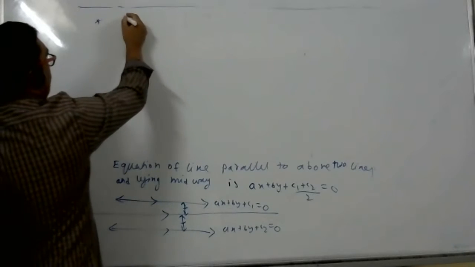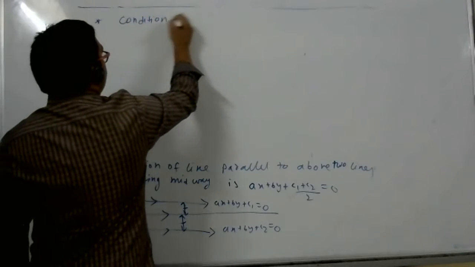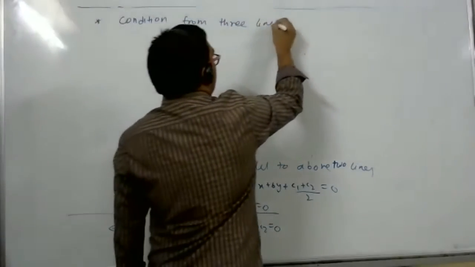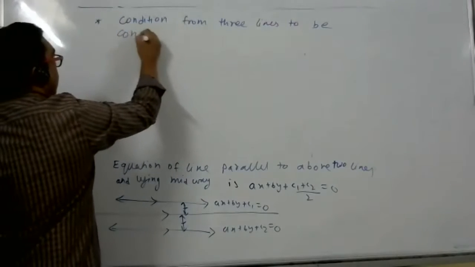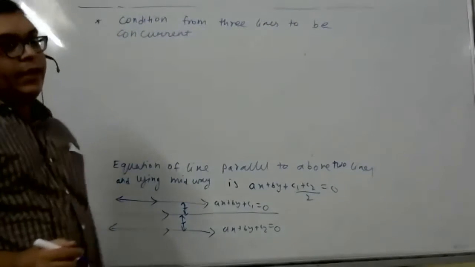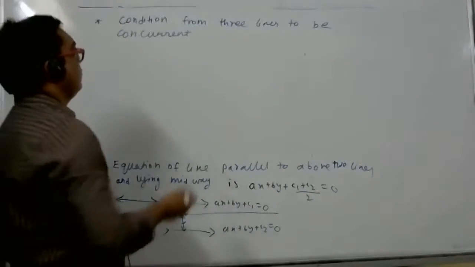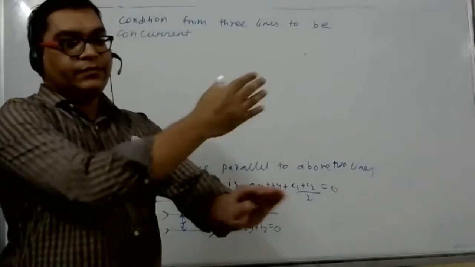Write down the condition for 3 lines to be concurrent. Do you know the meaning of concurrent? Concurrent means the lines will intersect at the same defined point.